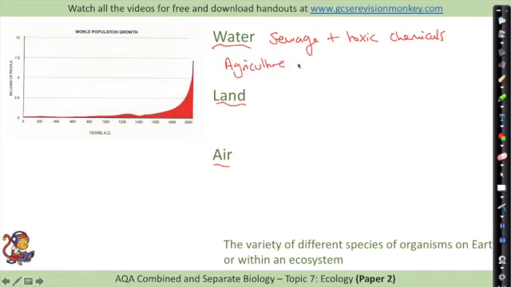So there's a lot of use of chemicals, fertilisers on the land, and these can, what we call, run off the land into the rivers and can contaminate the water sources, therefore affecting animal and plant life within the water.